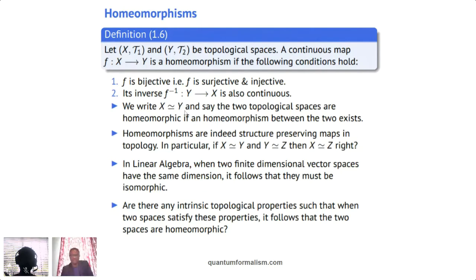When there exists a homeomorphism between two spaces, we write it like this. You can see this is an equivalence relation also: if X is homeomorphic to Y and Y is homeomorphic to Z, then X is also homeomorphic to Z. Now, there's something I would like you to think about. This is more of a point to start a discussion that we will not have here.